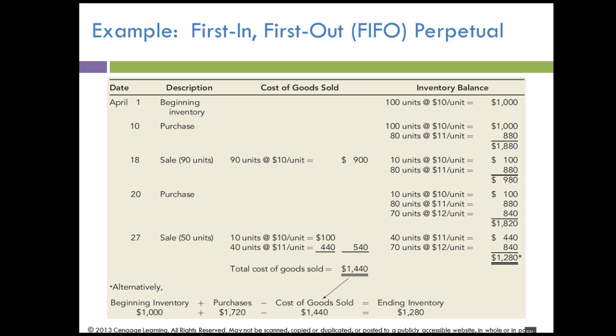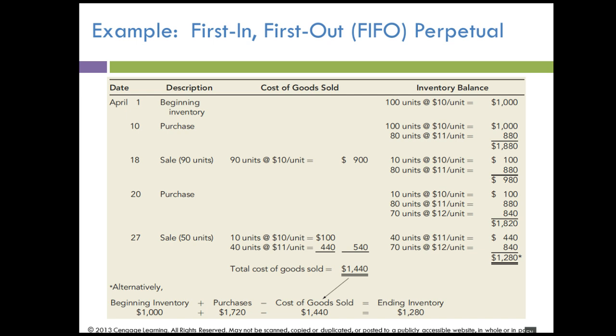So we can show that we sold those 90 units from our beginning inventory. Let me see here what I'm saying wrong here. Sale of first in, first out perpetual.